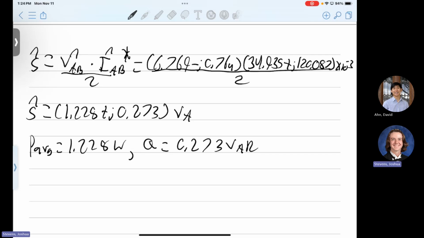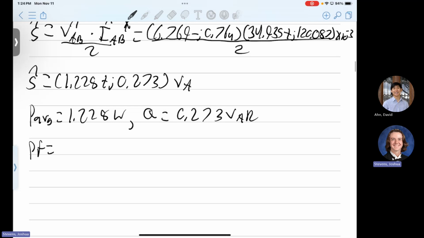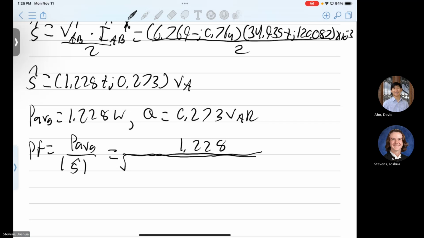As Richard was saying, we could find the phase angle. I don't like to do that personally because I kept all of my stuff in rectangular, so that would add an extra step for me. What I like to do, and this works just fine, is the average power over the magnitude of S. That equals 1.228 over the square root of 1.228 squared plus 0.273 squared.